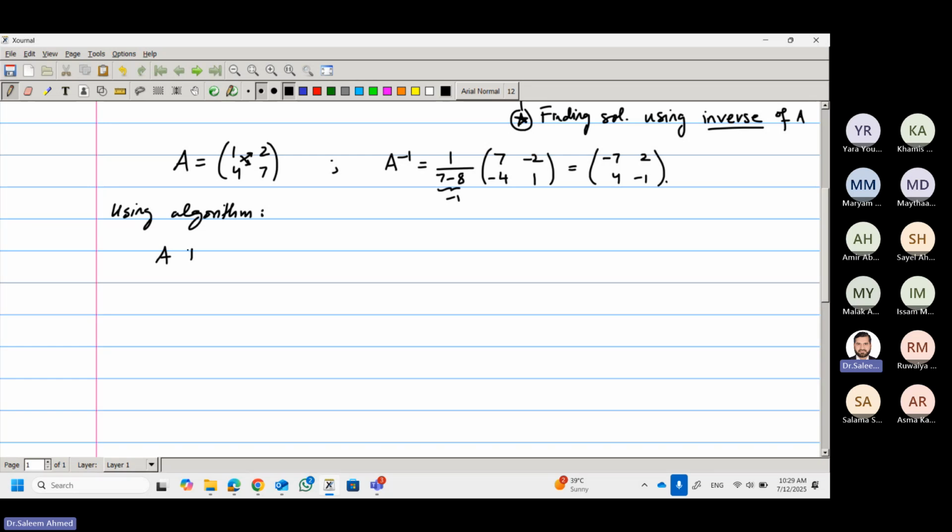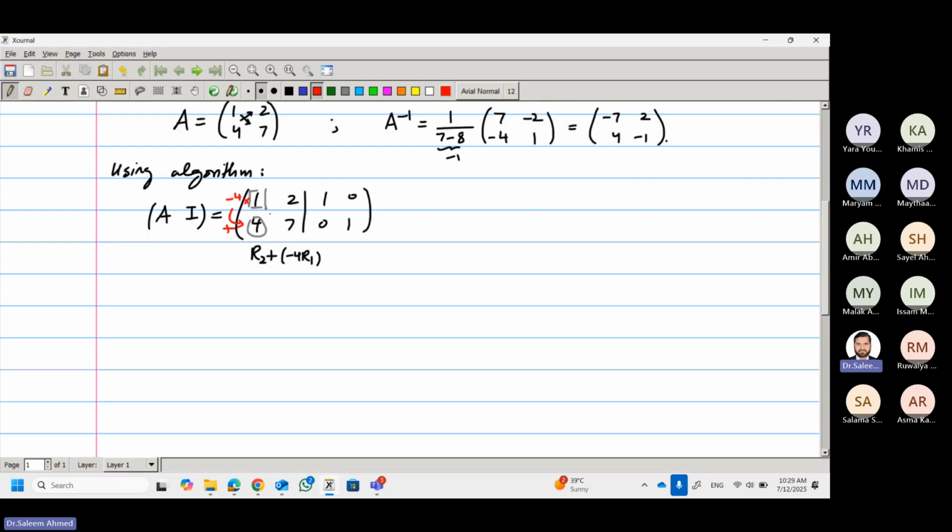So what we do, we write A with identity. So 1, 2, 4, 7 and 1, 0, 0, 1, same size. Now using this 1, I need to make this 0 because I have to make it identity. So I can say R2 minus 4 R1, because if I multiply this by minus 4 and add here, it will become 0, right?